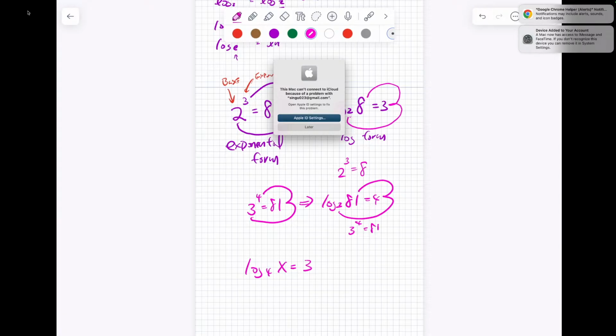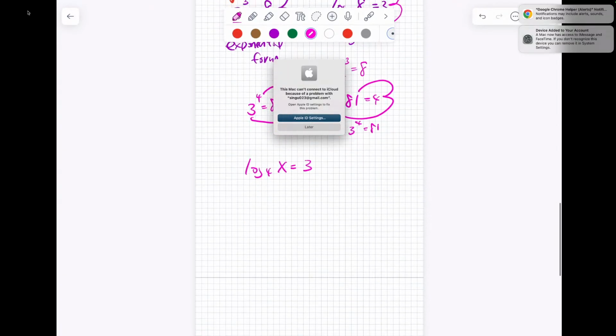Don't use a calculator. So what's x equal to? Okay, so 4 to the third is equal to x, and x equals 64. Good job.